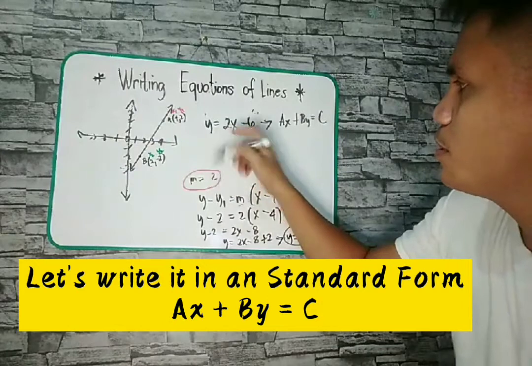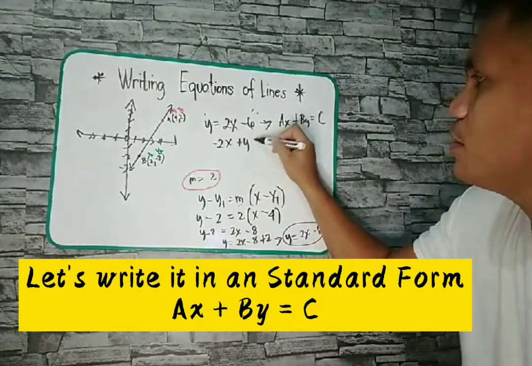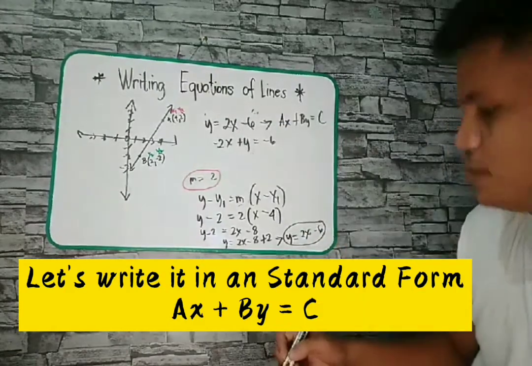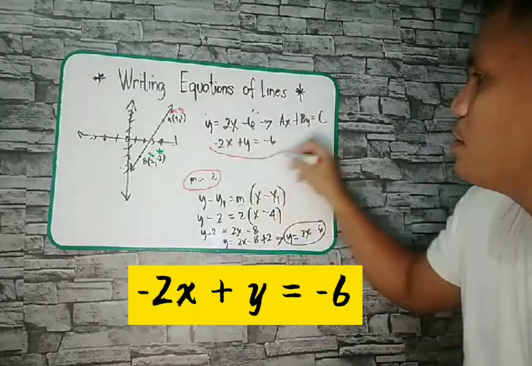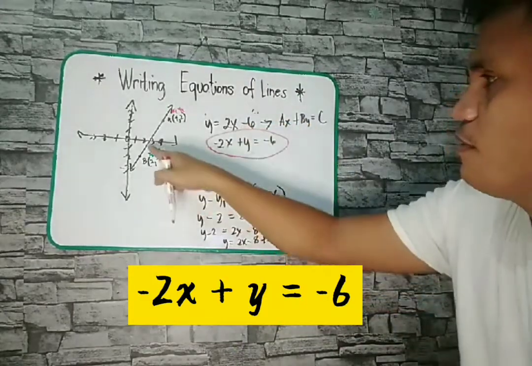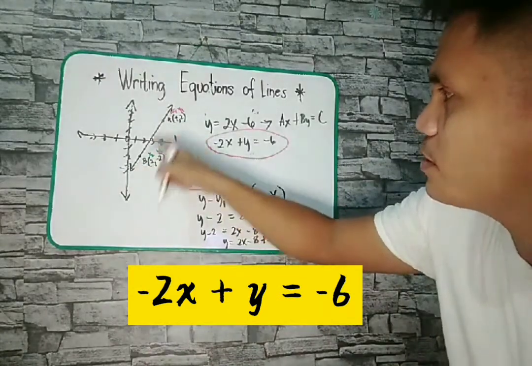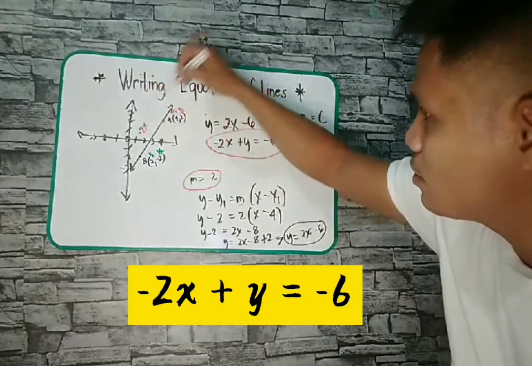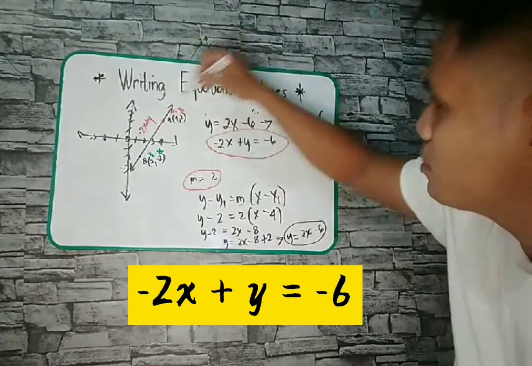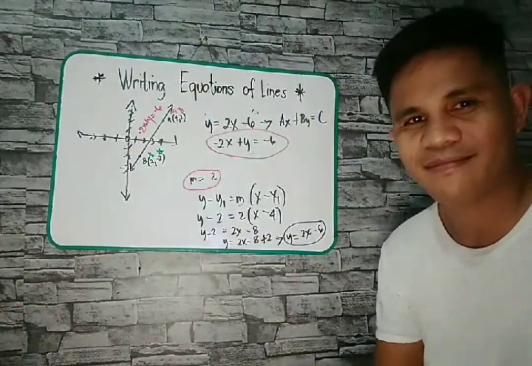That will give you negative 2x plus y is equal to negative 6. So there you go. This will be the equation for this given line. The equation of this line graph is negative 2x plus y is equal to negative 6. There you go.